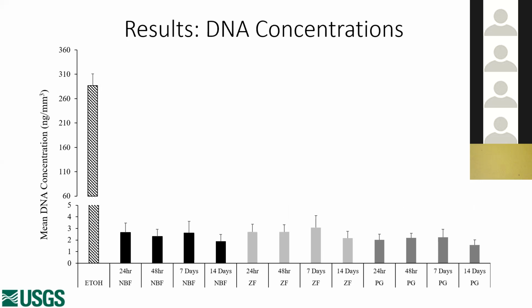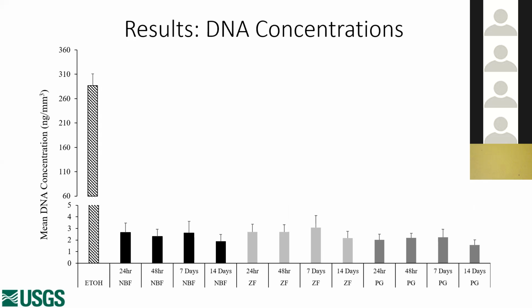For DNA, mean concentration of samples preserved in ethanol, or the controls, was about 120 times greater. And compared to RNA, we got a lot lower concentrations of DNA. But that could be due to just the biology of a cell and the amount of DNA and RNA it regularly has in it.